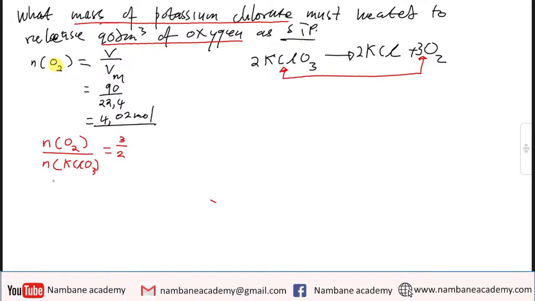Then it will be easy to say 3 n of KClO3 is equal to 2 times the number of moles of O2, which will be 2 multiplied by 4,02.